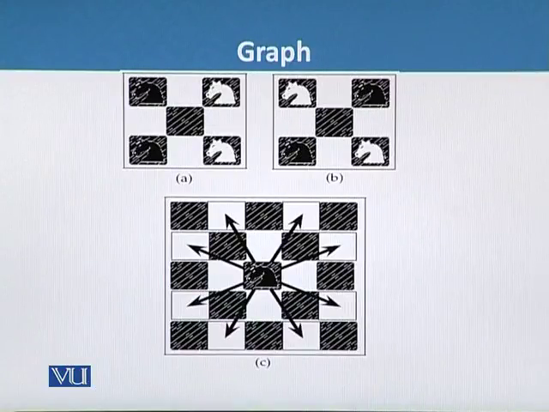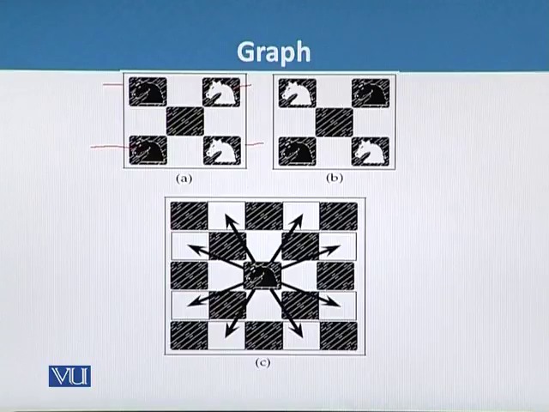So in this diagram we can see the 3x3 chessboard, and it shows two white horses, 1 and 2, and two black horses also.